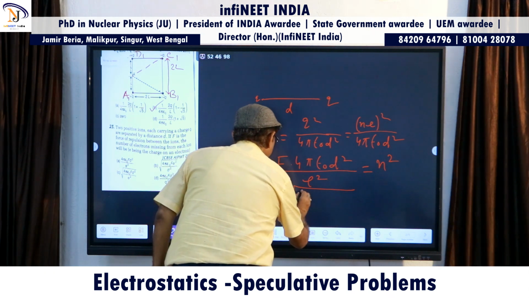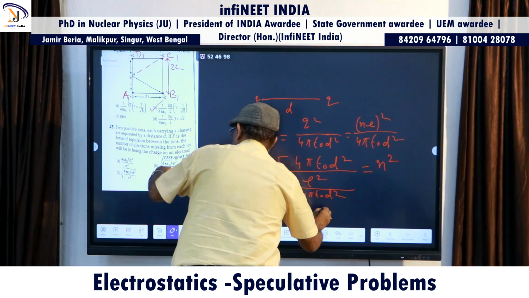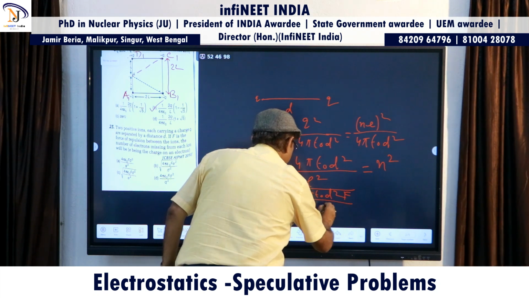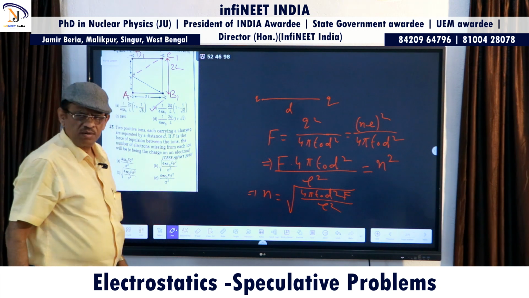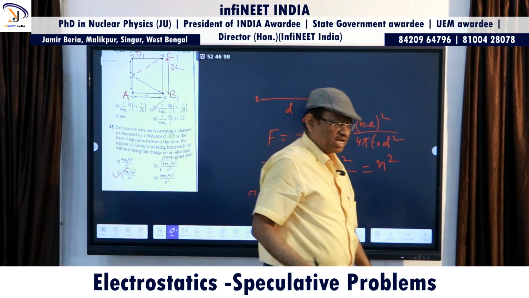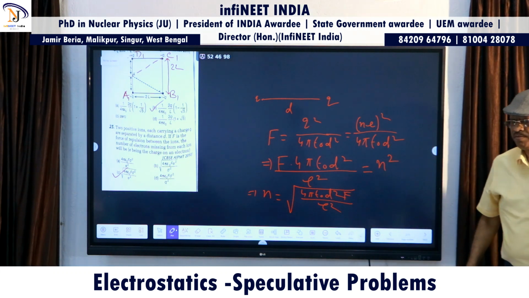Root over 4 pi epsilon naught d square into F by e square. So this is your answer. Answer number C. Is it tough? So take a photograph.